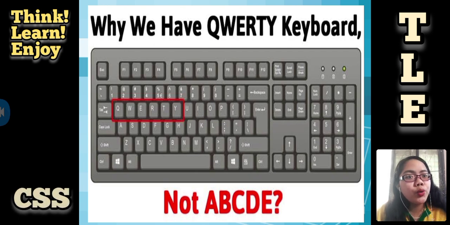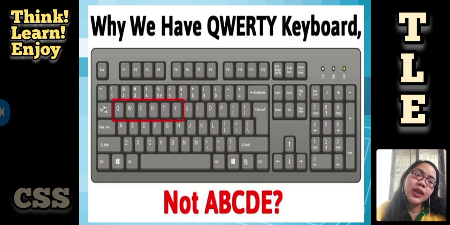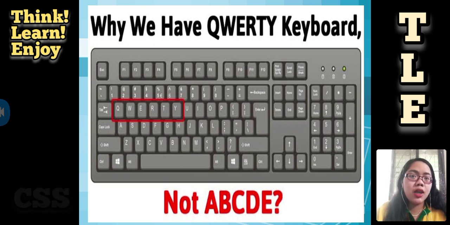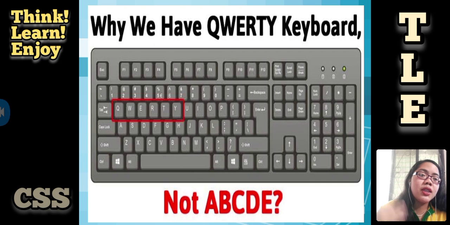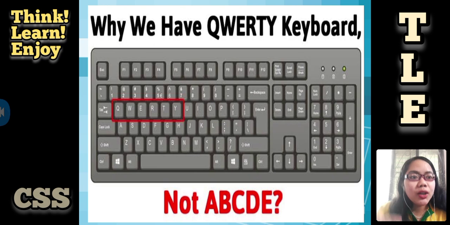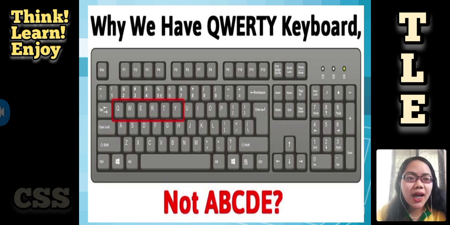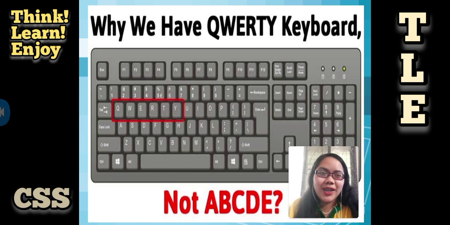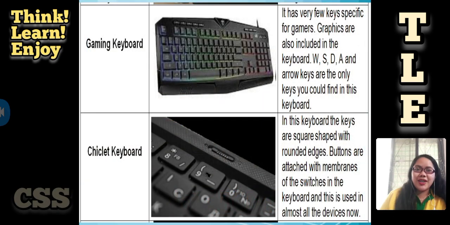So, ginawa pong QWERTY keyboard para kahit meron tayong mga mabibilis na typewriters, dahil jumbled ang ating keyboard, ay hindi magkakabuhol-buhol ang string sa loob ng keyboard. So, the answer with this, dapat QWERTY kasi para hindi ganong kabilis ang pagta-type sa ating keyboard. Kaya hindi siya A, B, C, D. So, is that clear? So, yan ang ating trivia for this lesson.